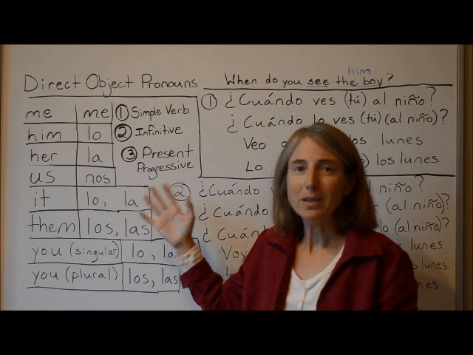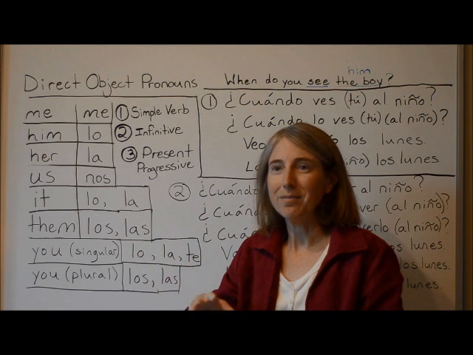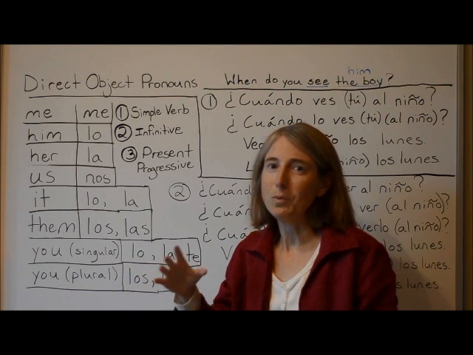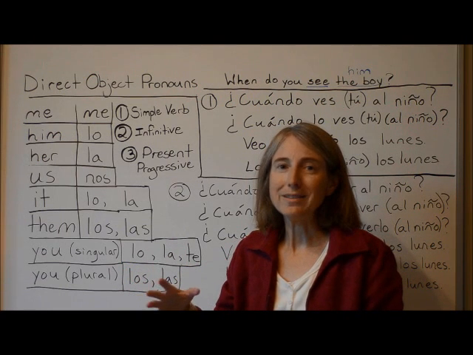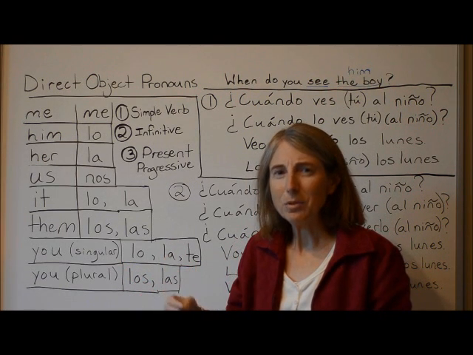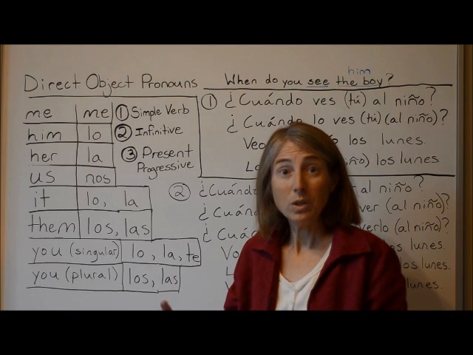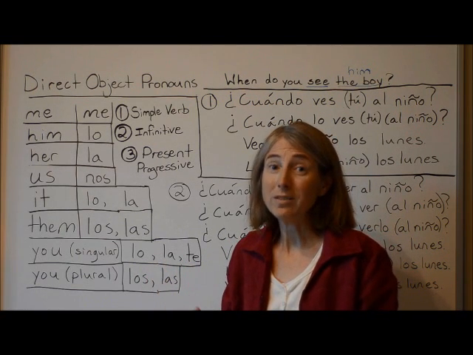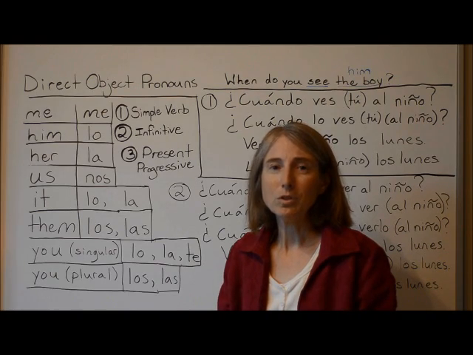Now, in Spanish, we know that pronouns have a little bit more complex nature because of the formal, informal, plural, and singular. And it's similar for the direct object pronouns. So some of them are matched one-on-one for the English pronouns, and for some of them there are multiple versions in Spanish.